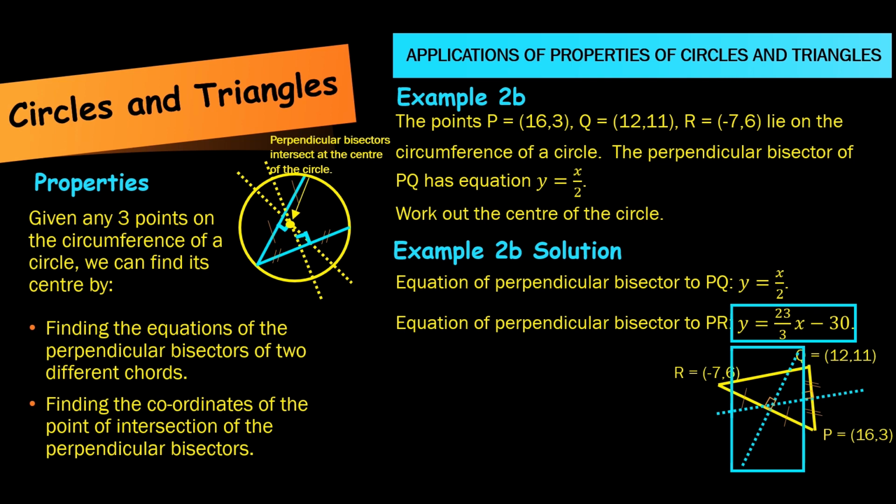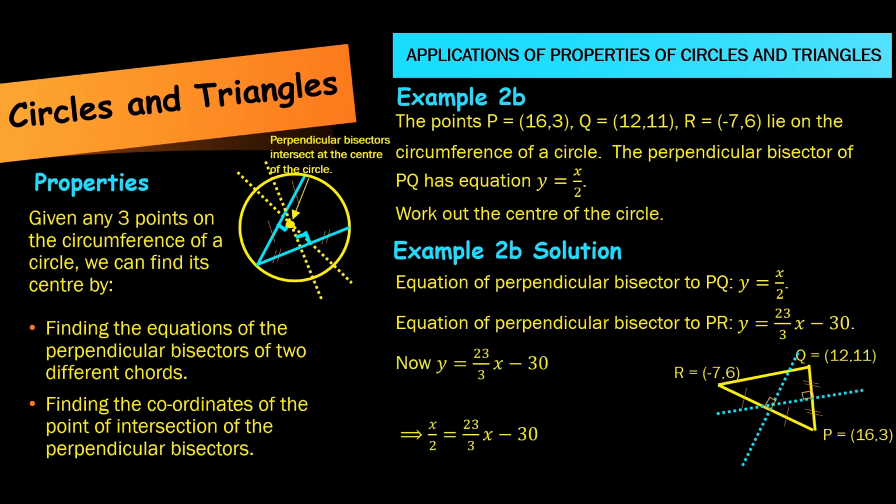This was found in part A. Now, if we put these two equations equal to one another, we have that x over 2 equals 23 over 3x minus 30. As shown.